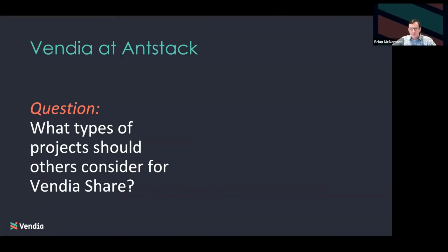Yeah, so with that, I would say, Prashanth, what type of projects should others consider for Vendia Share? If you look at comparing and contrasting existing data storage technologies versus Share, what helps to guide you for when Share might be the right choice to use?